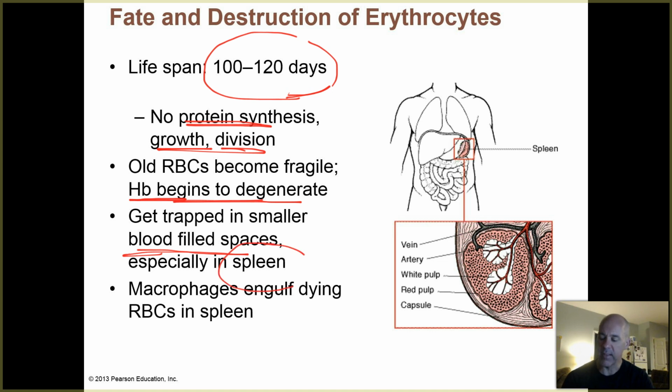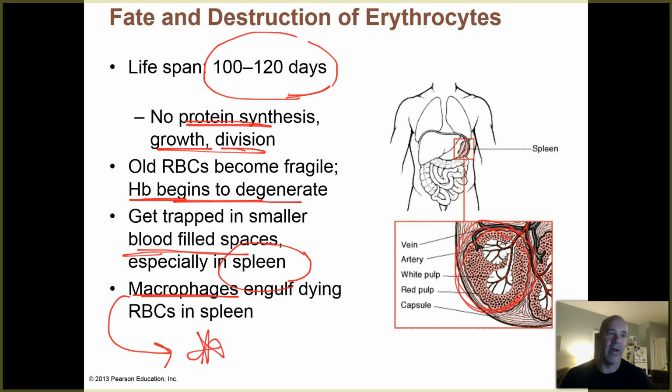One of your spleen's main jobs is to capture them. This is supposed to be a cross-section through the spleen. There are spaces inside the spleen where blood flows through these compartments, and there are macrophages in there. If you remember, macrophages are kind of like the vacuum cleaners of your body.